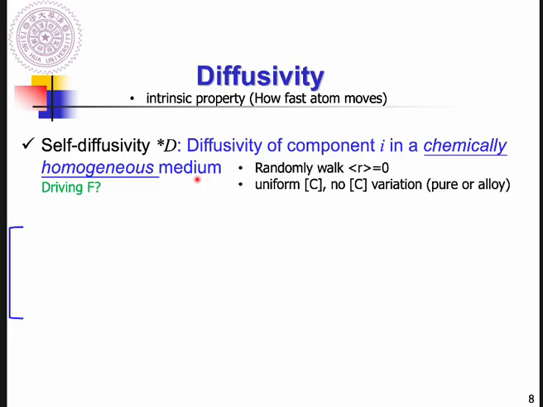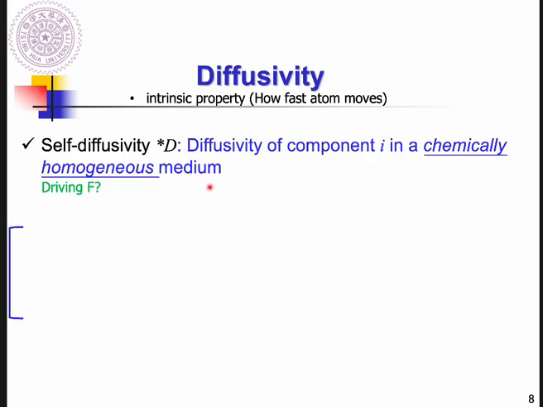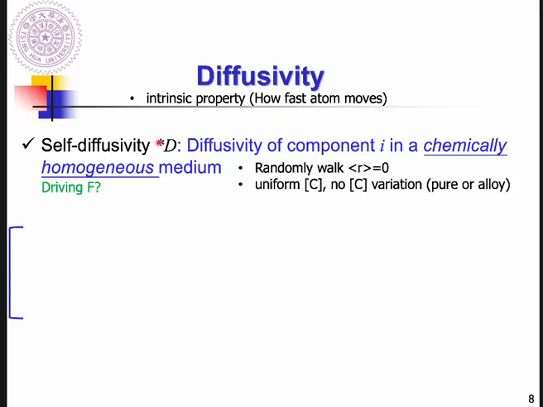You have a chemically homogeneous medium, and the diffusivity of component I we call the self-diffusivity D star. Chemically homogeneous means you have a uniform concentration of atom I, with no concentration variation in this material. So the diffusivity of this component we call the self-diffusivity.